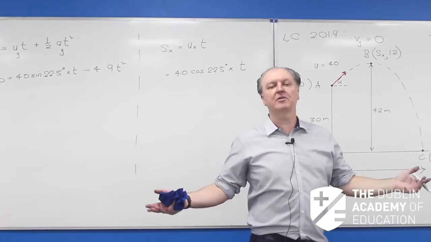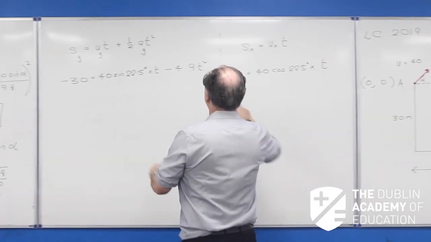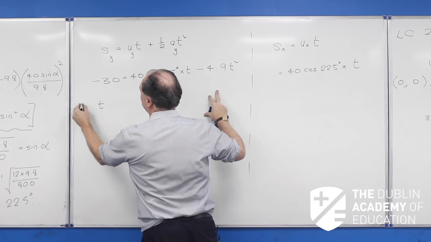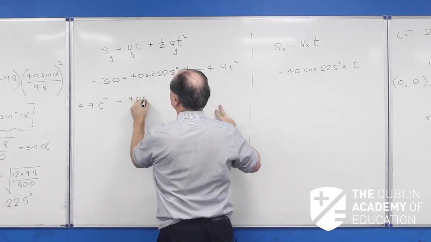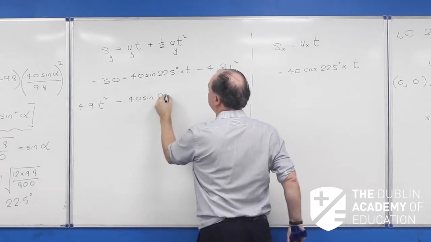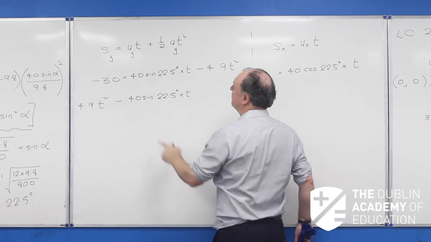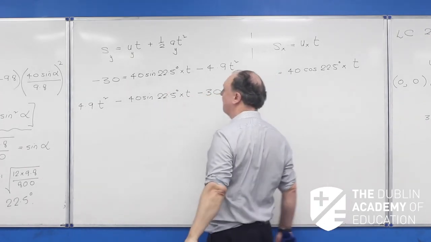What does it look like? Looks like a quadratic in time. So I've got to bring all my t's to one side and have 0 on the other. So I've got 4.9 t squared minus 40 sine 22.5 by t minus 30 is equal to 0.